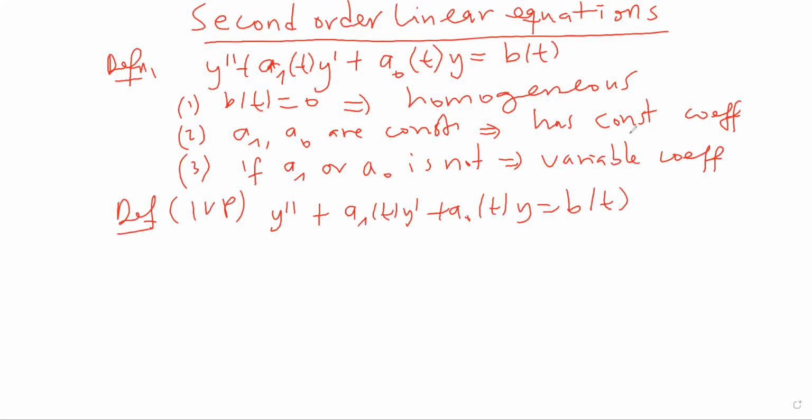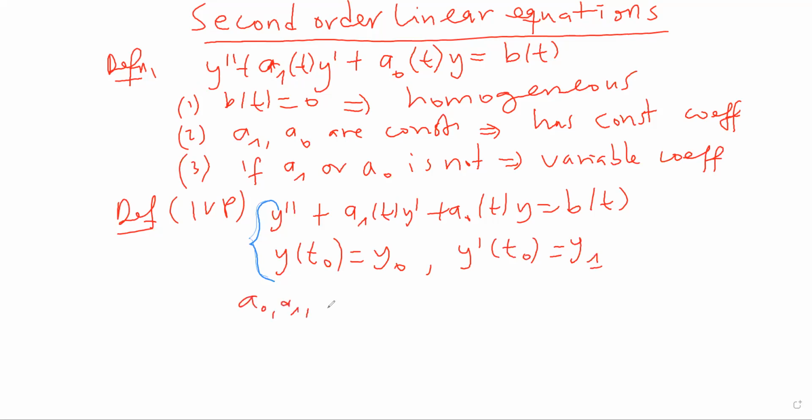Then, as we know from initial value problems, you need boundary conditions. Boundary conditions means that you need y of t0 equal to y0, and because it is second order, you will need the first order derivative of y as well as a boundary condition.